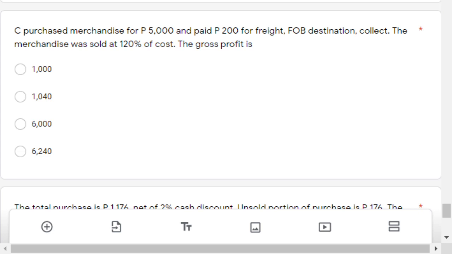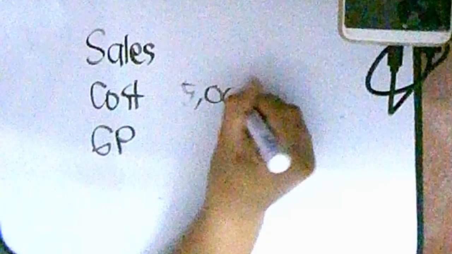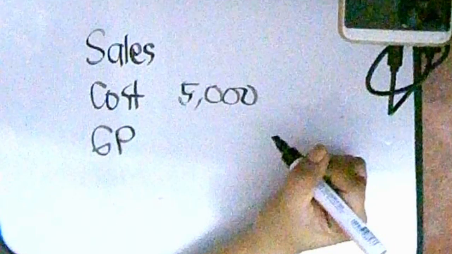So, ibig sabihin meron tayong purchase which is the cost. Wala namang ibang given. So, yung cost natin is 5,000 pesos. Okay, correct ko lang yung self ko ha.